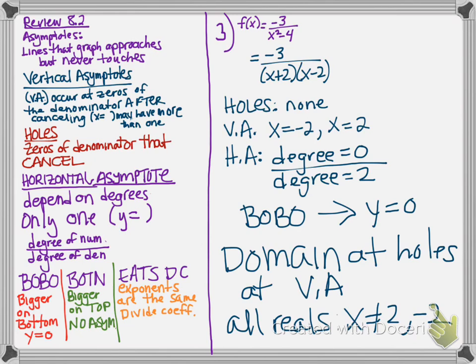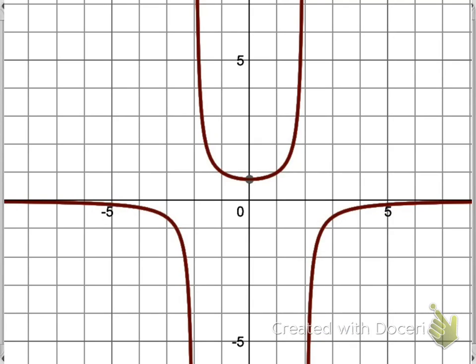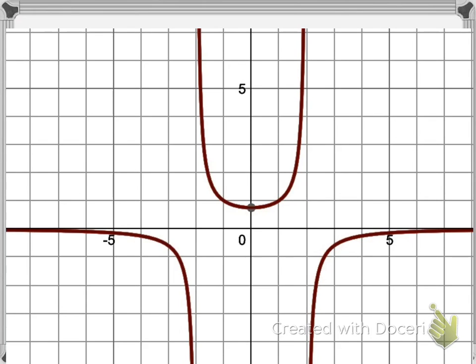Okay, on the next slide, I'm going to show you the graph that I got from Desmos. You can see from this graph that, yes, we do have two vertical asymptotes.